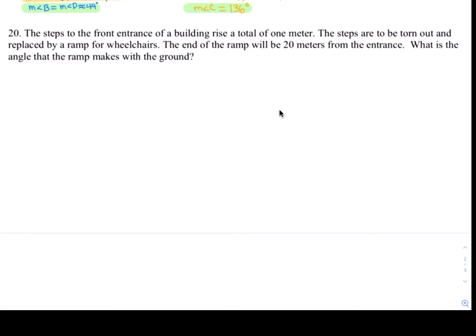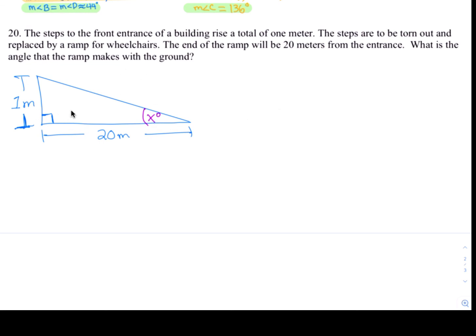All right, first, let's draw a picture. All right, our picture is going to look like this. The height of the steps is 1 meter, and the distance from the building to the end of the ramp is 20 meters. And we're trying to find this angle of elevation, which is X. So we can say that X is going to be the inverse tangent of 1 over 20.